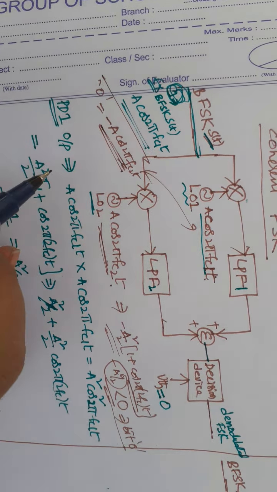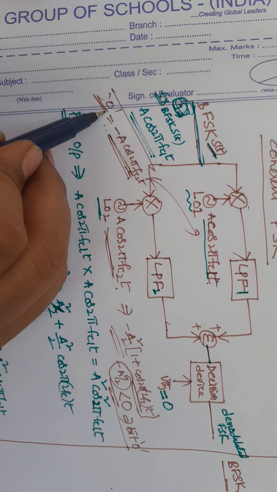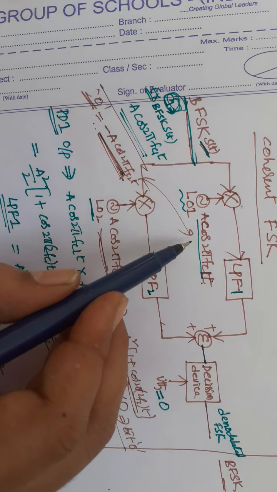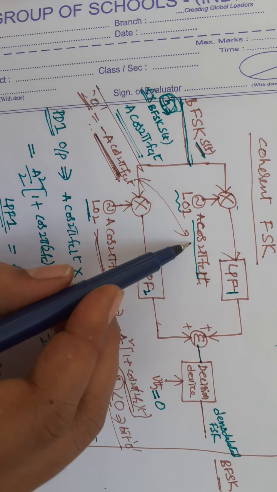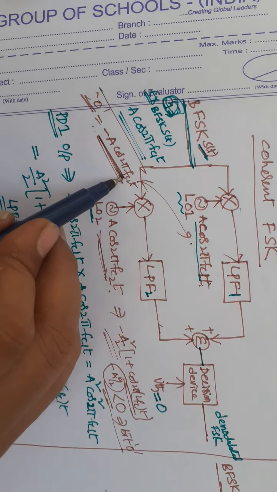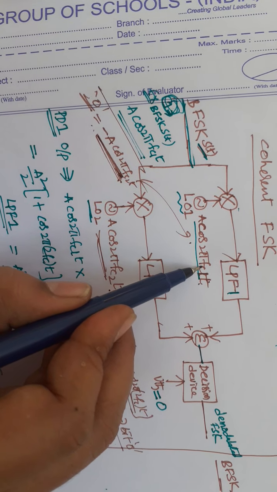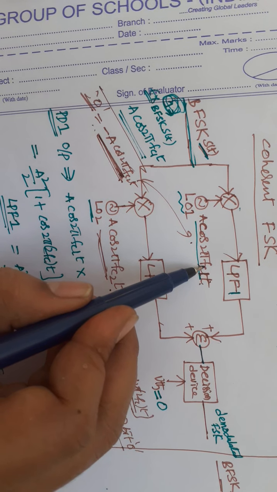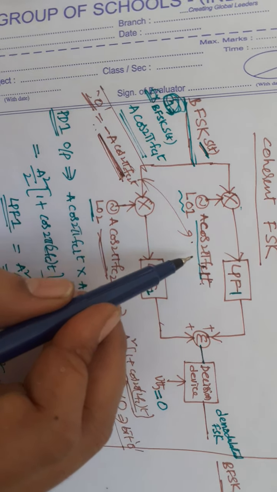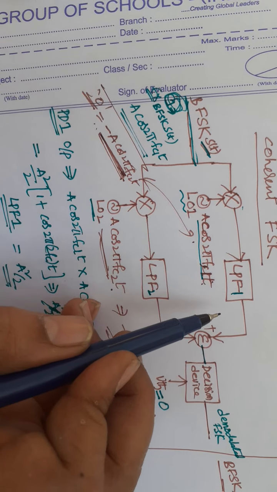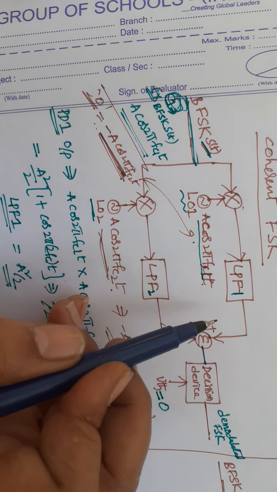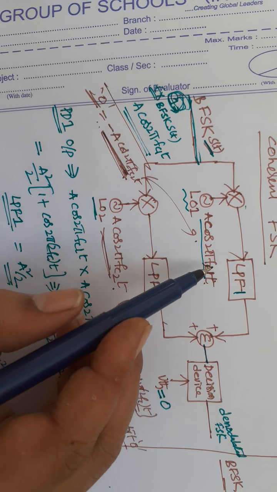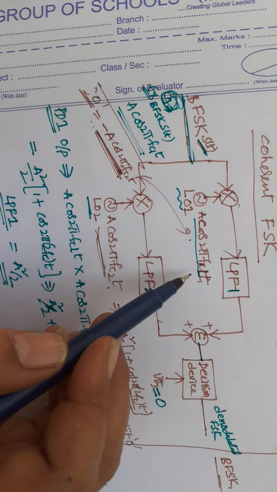Once again, for bit 0, the S of t equation is this one. This is multiplied with the local oscillator in product detector 1. The frequencies differ, so the low pass filter doesn't allow the signal. Here you will get A square by 2 cos 2 pi (Fc1 plus Fc2) plus (Fc1 minus Fc2), two frequencies, both higher frequencies, so the low pass filter doesn't allow the output.